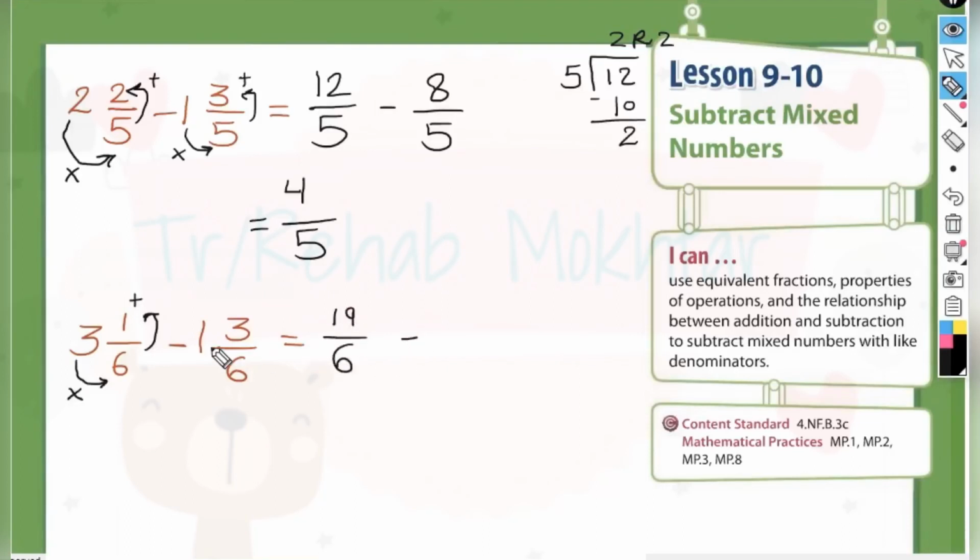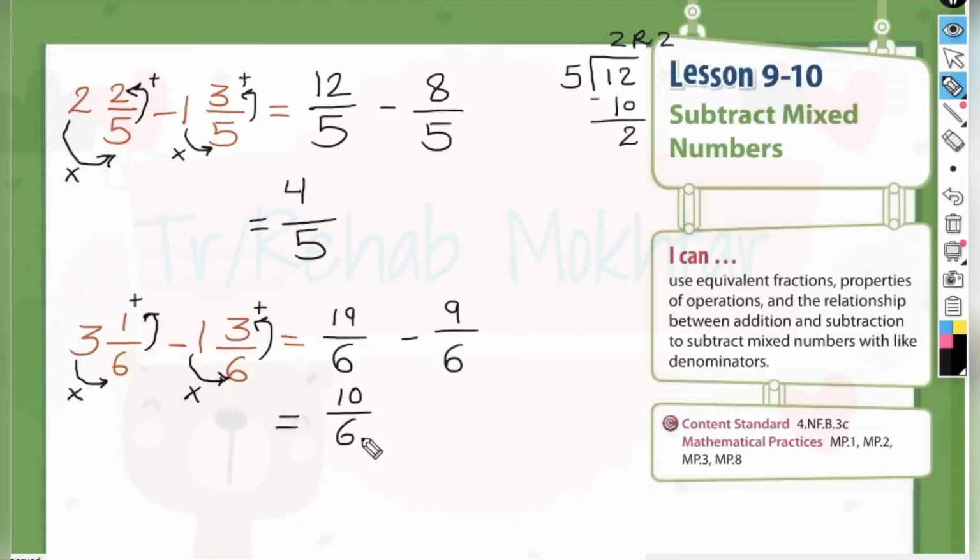Minus 1 times 6 equals 6 plus 3 equals 9. Now I will subtract. When we subtract, I will keep the denominator as it is, which is 6. 19 minus 9 equals 10.